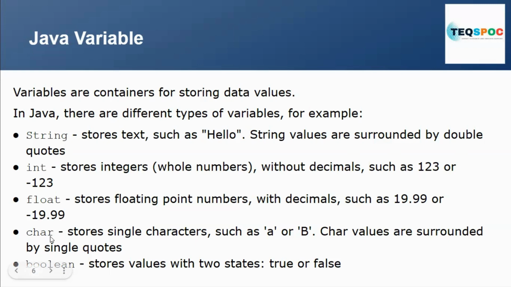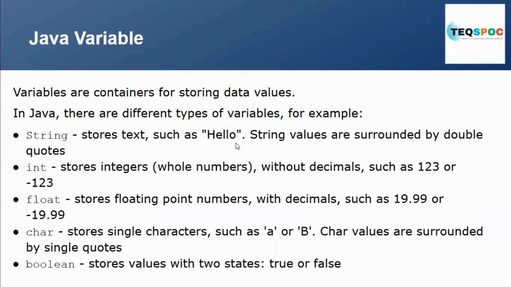Then character, a single character like a, b, c, d, should be written in single quotes. A string is like hello, a complete word, and you use double quotes to mark it as a string. If you do not write double quotes, it will not be taken as a string.